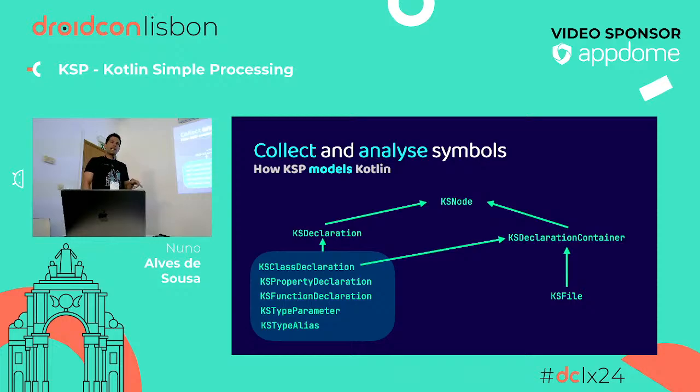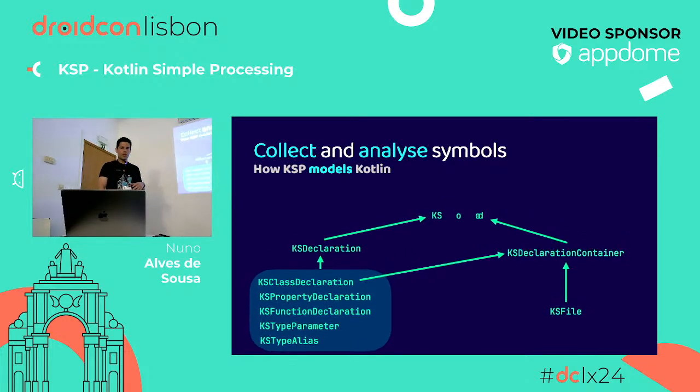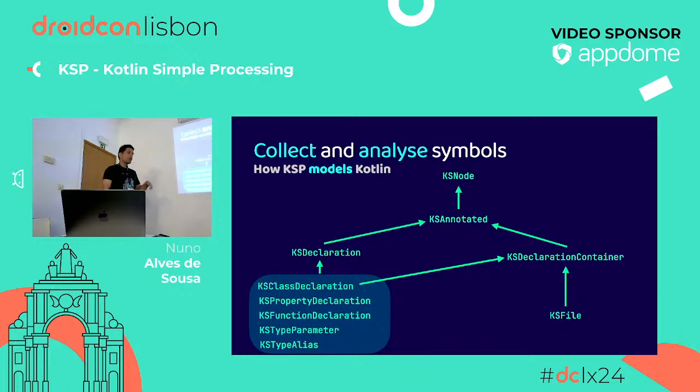This is not exactly the abstract syntax tree that the compiler creates, but it is a tree of symbols that is closely based on the AST. Well, because declarations and declaration containers are all Kotlin symbols that can be annotated with an annotation class, they also implement an interface, KSAnnotated, that represents just that.